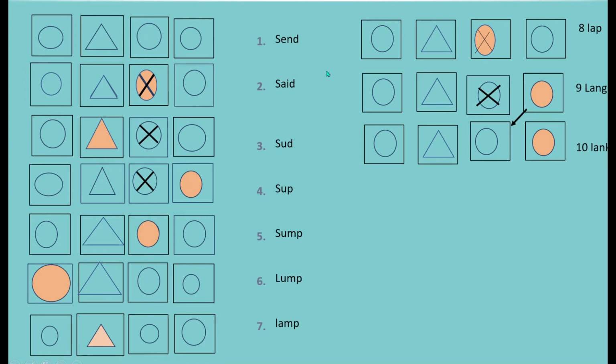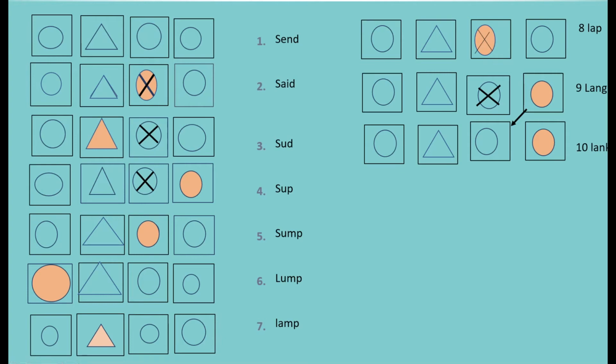Then we go to lap. Oh, this is familiar. This is a lot like the one we did before, isn't it? So we have lap, there's no m. We have the p on the end, just like in lamp, but there's no m. So I put an X to show it's gone, and I color it.